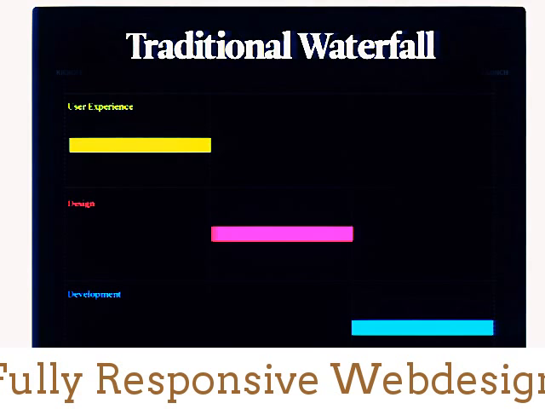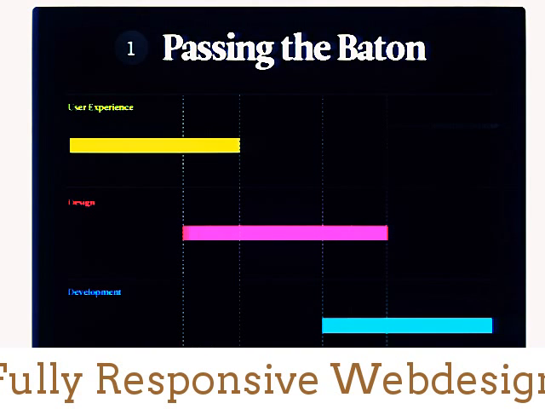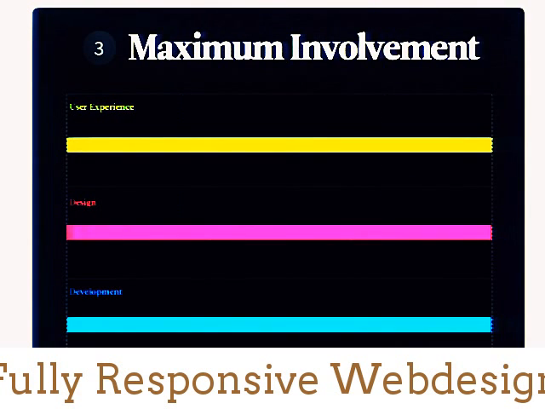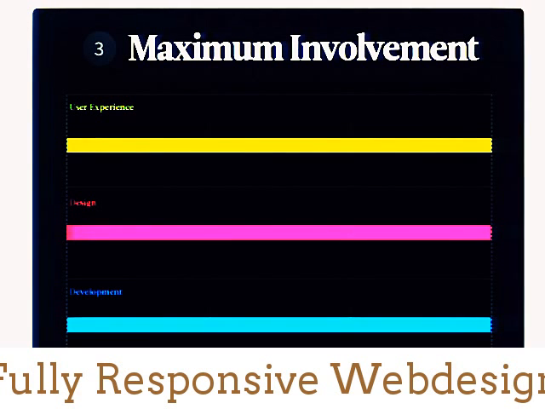That's a little bit of a problem, but we can make it better. If you want to be more agile, you can overlap these lanes a bit, and if we plan more time together, then overlapping these columns more, and maybe as the next step, the involvement of everybody.